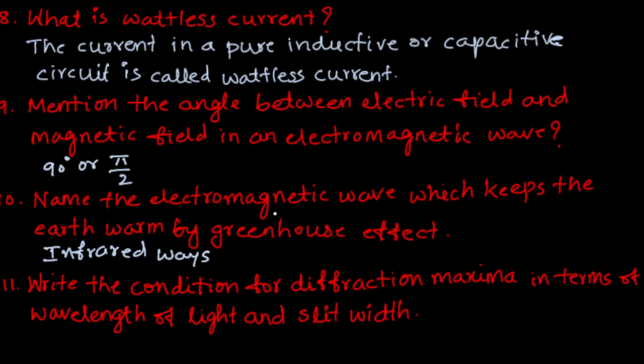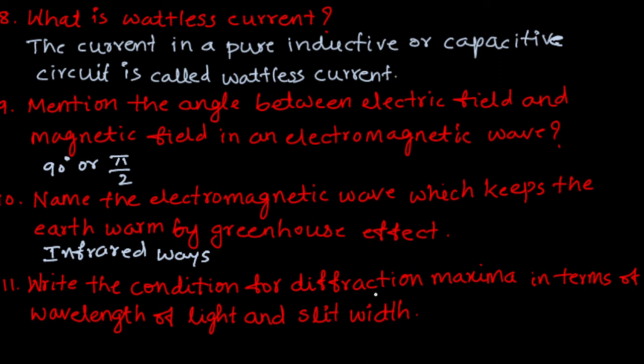And these infrared waves will be absorbed by carbon dioxide and water vapors present in the atmosphere. As a result, the temperature of the atmosphere also increases. This is called greenhouse effect. So therefore, infrared waves are responsible for the warmth of the earth. Okay.